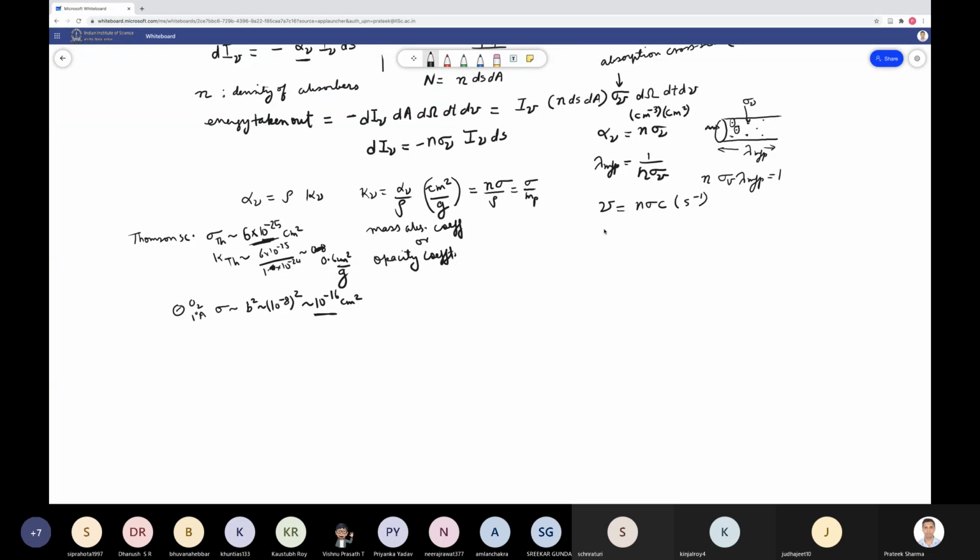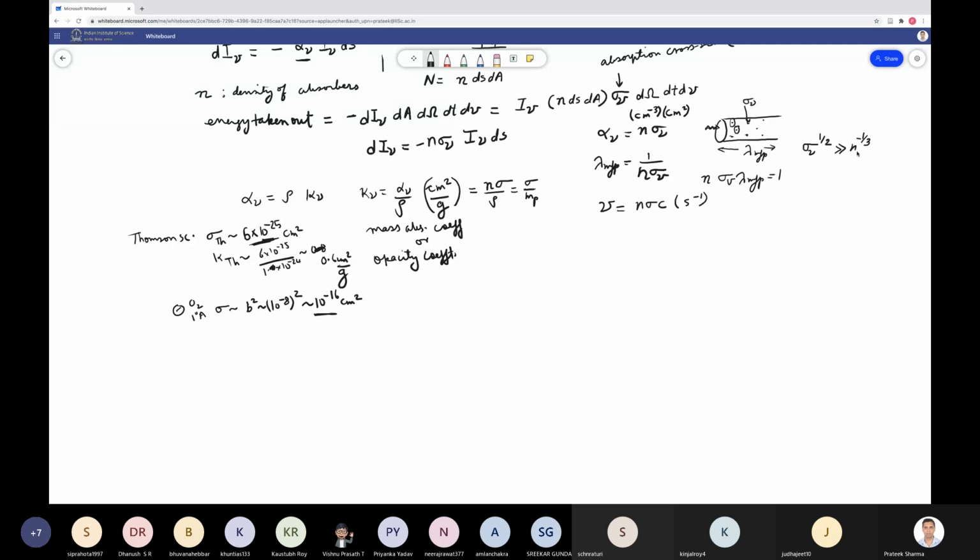Now, this picture, where the mean free path can be written as 1 by n sigma, assumes that the size of the particle, or the effective size of the particle, is bigger than the mean distance between the particles, which is just n to the minus 1/3.